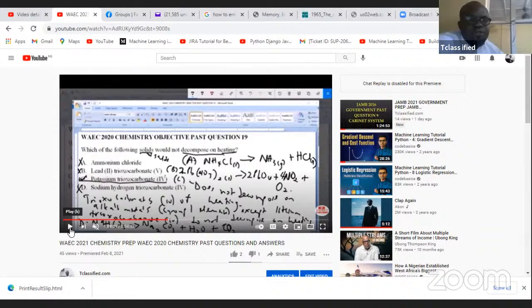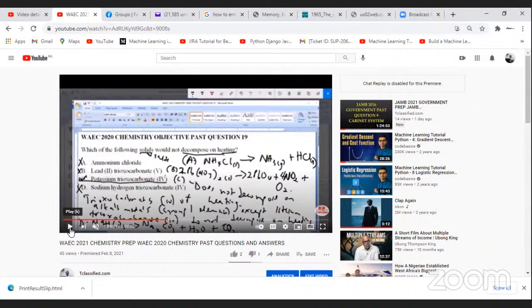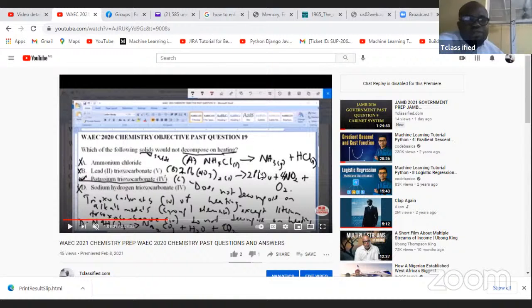Lithium trioxocarbonate 5 can, but potassium trioxocarbonate 4 does not. You can see there are various equations of decomposition when heated, unlike that of potassium trioxocarbonate. So this you can find under properties of carbon and its compound, trioxocarbonate.